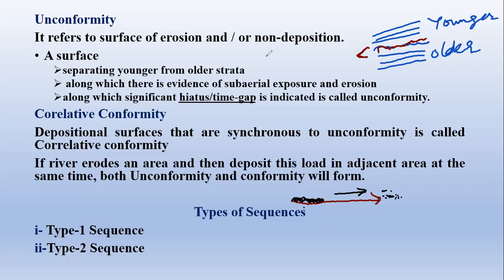So here unconformity is developing, while at the same time in the adjacent area deposition of sediment is occurring and conformity is forming. So the conformity is forming at the same time as unconformity. So such conformity is then termed as correlative conformity.